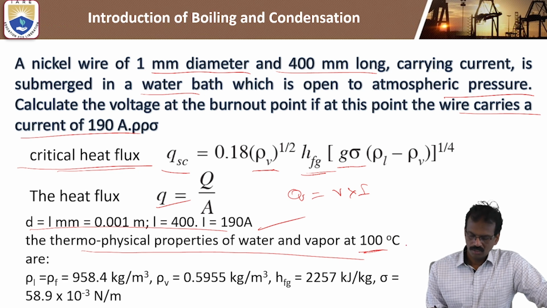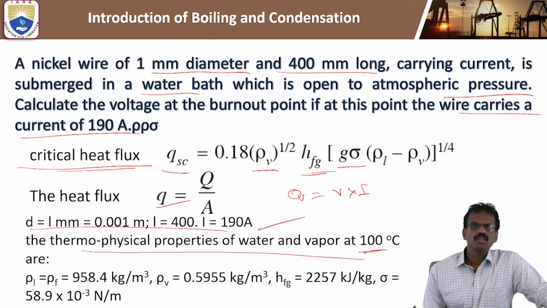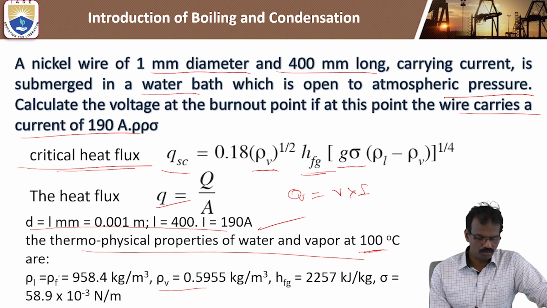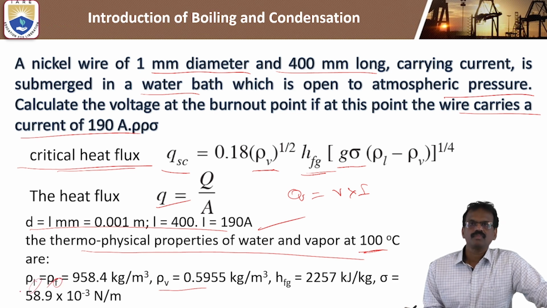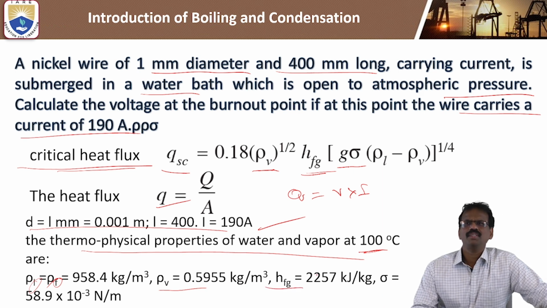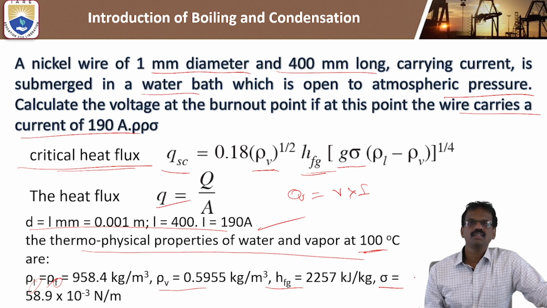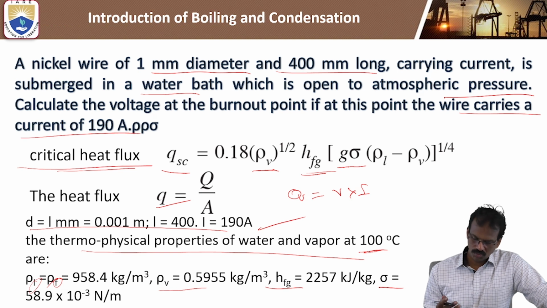So rho_L and rho_V, density of the liquid, is equal to 958.4 kg per meter cube. Density of vapor is equal to 0.25955 kg per meter cube. Enthalpy is equal to 2257 kilojoule per kg. Surface tension is equal to 58.9 into 10 to the power minus 3. So by using this data, you can find out the critical heat flux.